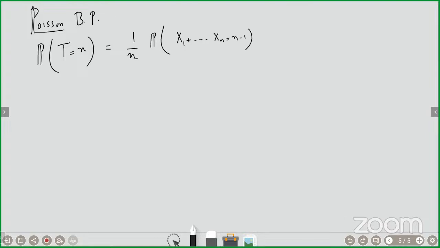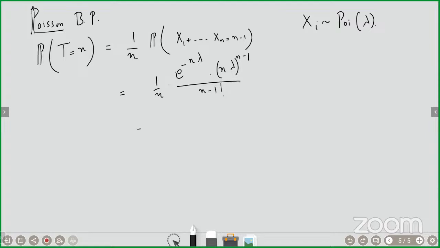Now this property: e to the power minus n lambda, lambda to the power n minus 1 by n minus 1 factorial. Okay, now this is 1 by n. So what will you get suddenly? 1 by n gives n factorial.